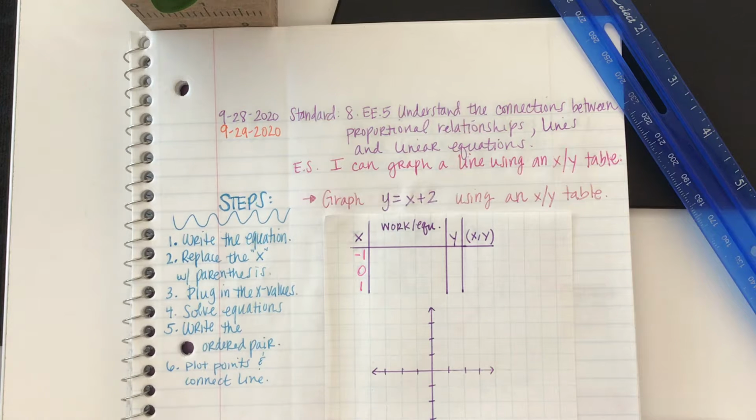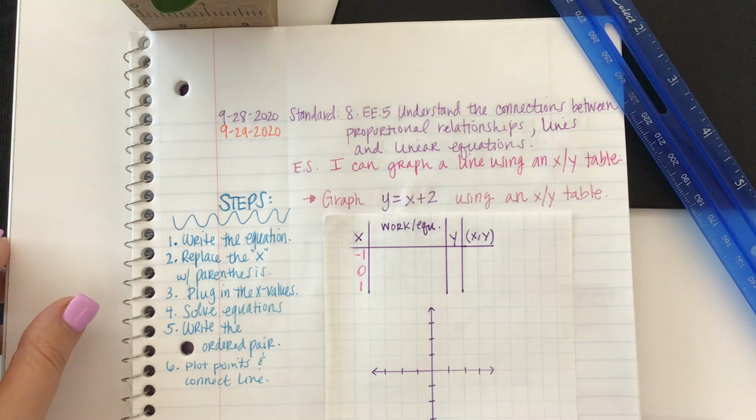So if we look at the steps to the left, let's go ahead and follow them. The first step is to write the equation. So here is our table. I have it drawn out for you. You can obviously draw this out yourself. Normally people just have an X and a Y column, but I like to break things down so that you can see exactly what we are doing when we are working on these linear equations.